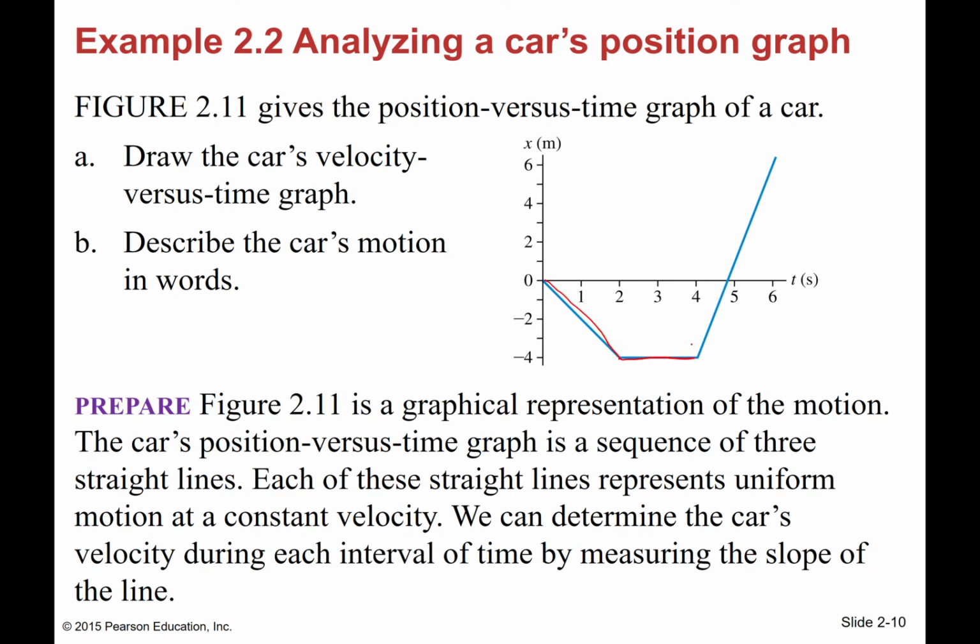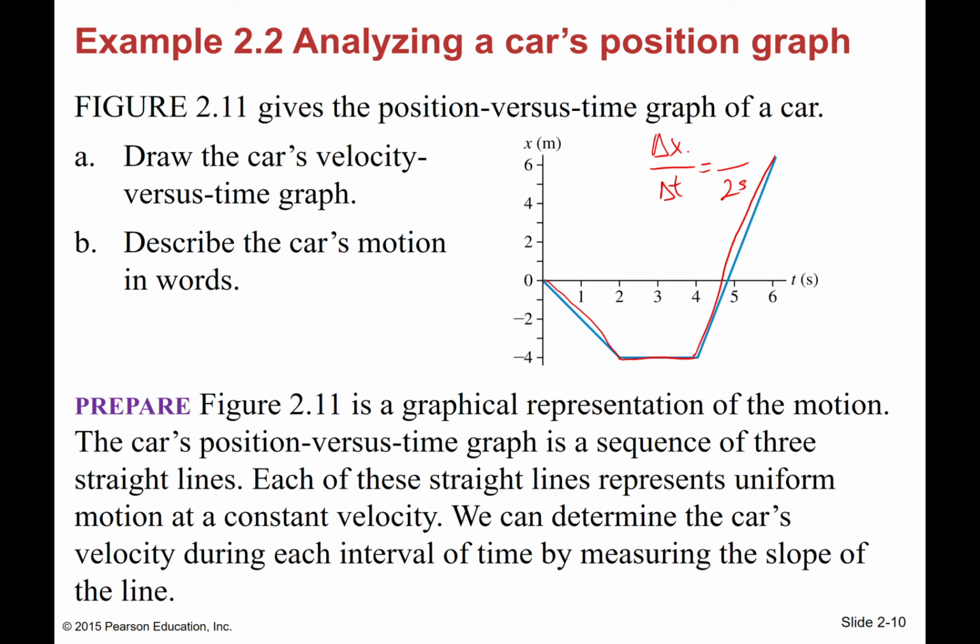Okay, if you have tried, then what we need to do is find the velocity in this segment, the velocity in this segment, and the velocity in this segment. To find the velocity in this segment, we need to find the slope. The velocity will be delta x divided by delta t. Delta t is 2 minus 0, that is 2 seconds, right?